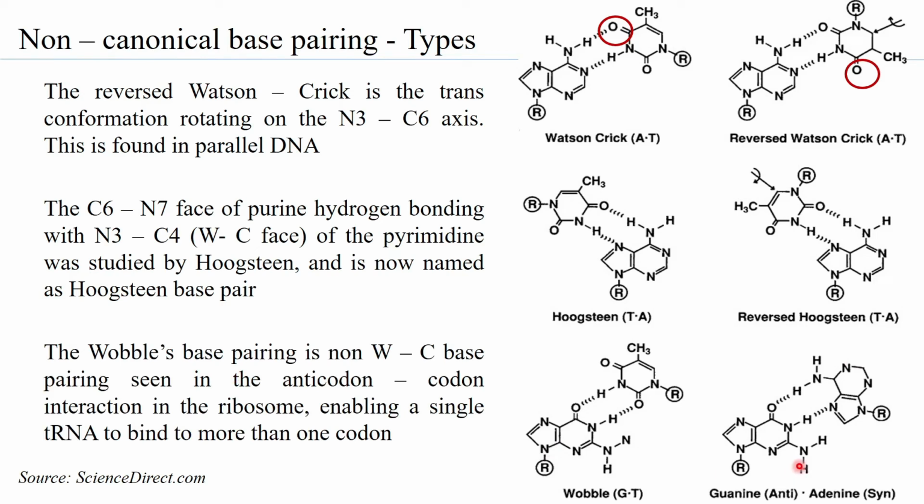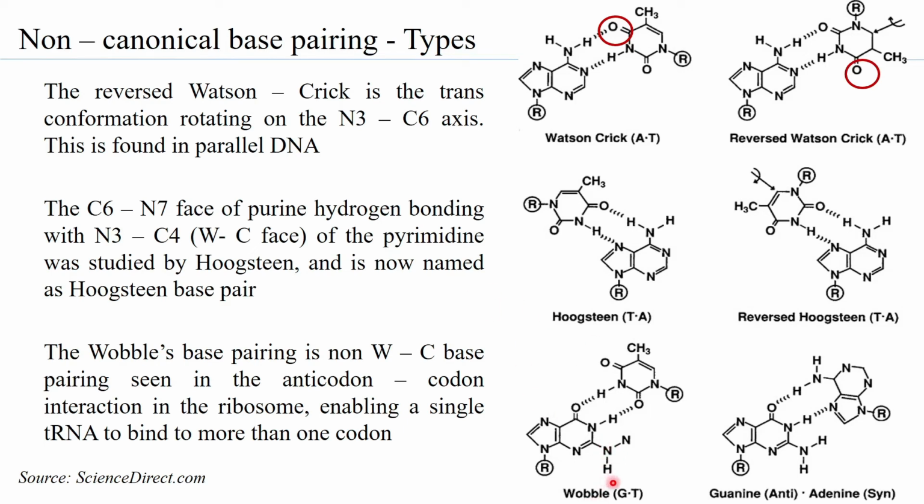Wobble non-canonical base pairing is something that all of you are very familiar with, because we know that tRNA shows what is called the Wobble hypothesis, and in that we know that the 5 prime end of the anticodon, the nucleotide at that position, is able to interact with the codon in the mRNA in such a way that that nucleotide can actually form hydrogen bonds with not just its complementary but also with other non-complementary nucleotides.